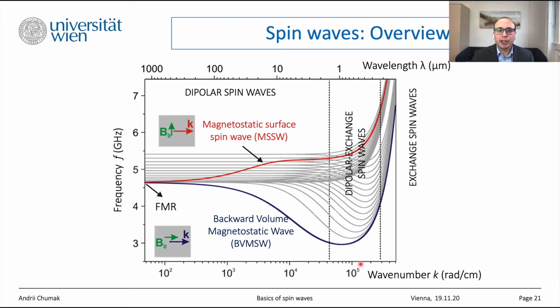Exchange interaction is much stronger, and it simply brings the energies of all these dispersions up. As I said, for purely exchange waves, dispersion is simply a parabola, k squared. That's how the picture looks in general for the dipolar-exchange spectrum of spin waves.